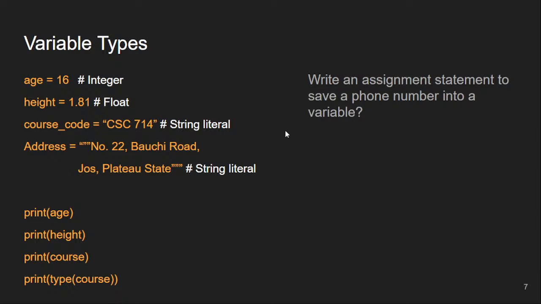Alright, so these are more variables, and this time these variables have different data types. You can see I've used comments to tell you the data type for each of them. So age is an integer, height is a float, and course_code.